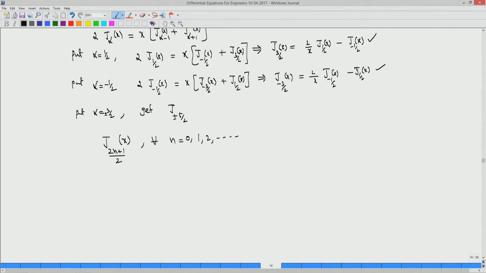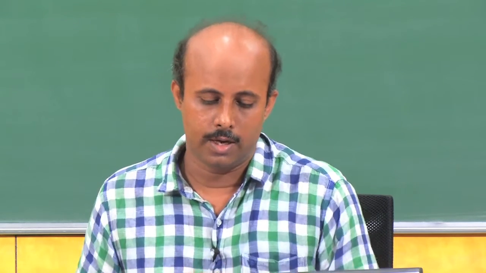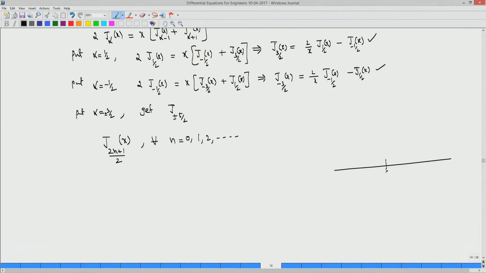So, we will move on to Sturm-Liouville theory. So far what we have learnt is how to solve second order homogeneous equations with variable coefficients, when 0 is a regular singular point. You can find the two linearly independent solutions, because in Bessel's equation 0 is the only singular point, there is no other singular point.